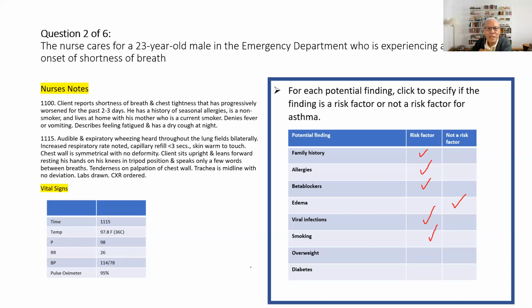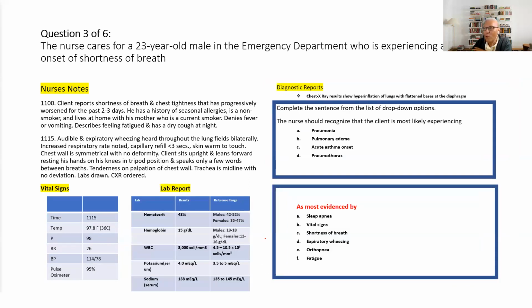Yes. Being overweight. Yes, this is a risk factor. And how about diabetes? Diabetes is not a risk factor for the development of asthma. So that would be how we would approach that. Okay, great. And so let's move forward.